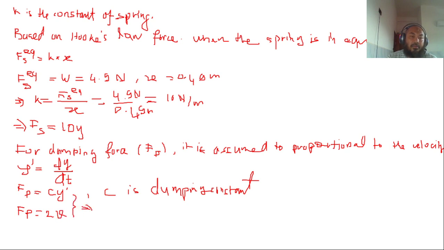These two are equal to each other: y' is the velocity, so we got c equal to 2. That's why Fp is equal to 2y'.